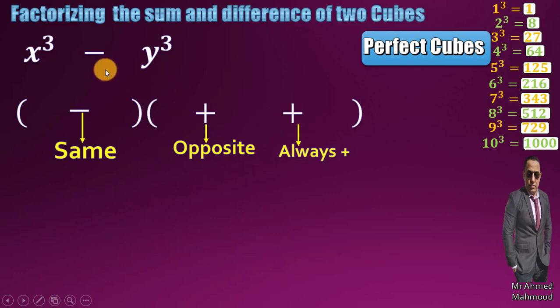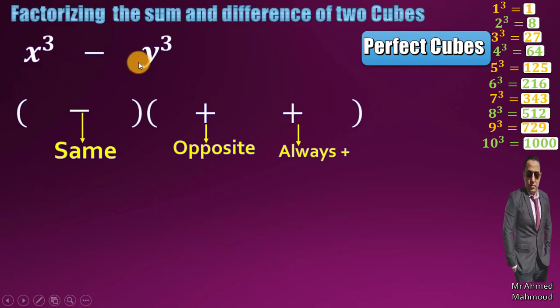Again, first, this is the same sign as the original sign, this is opposite to the original, and this is always positive. Then I'm going to fill the small bracket, and then the big bracket. How? I'm going to take the cubic roots.